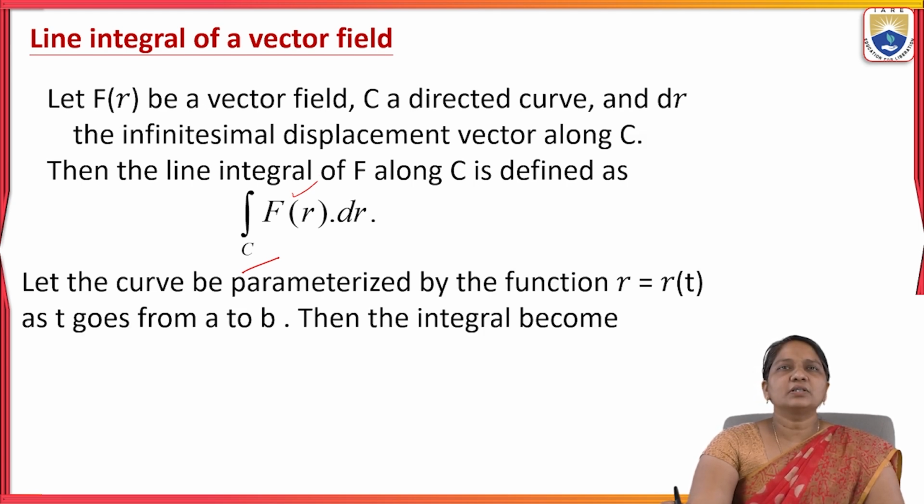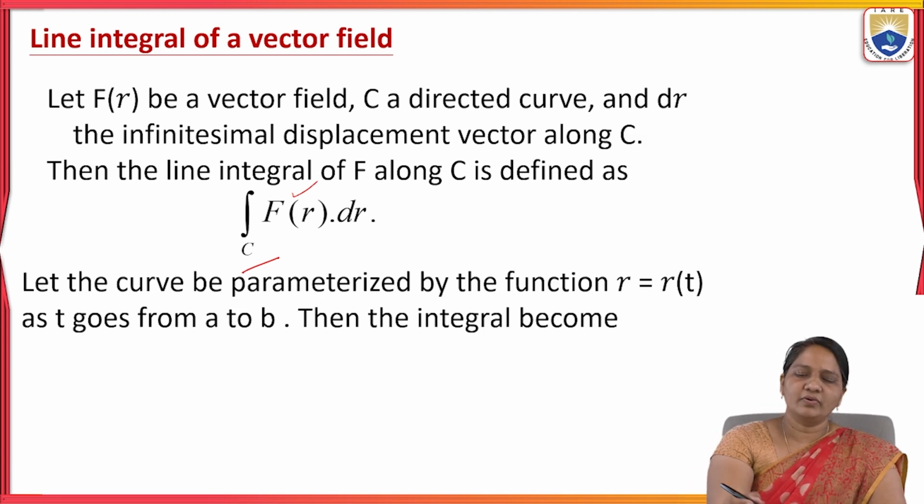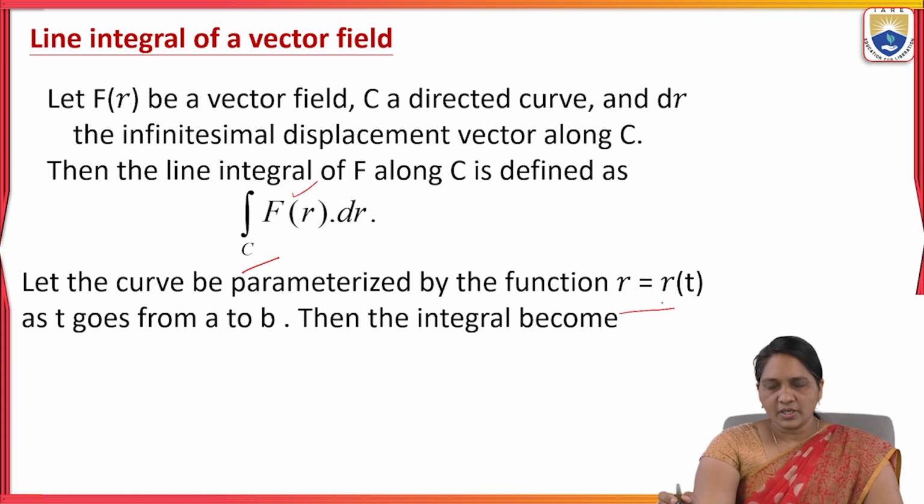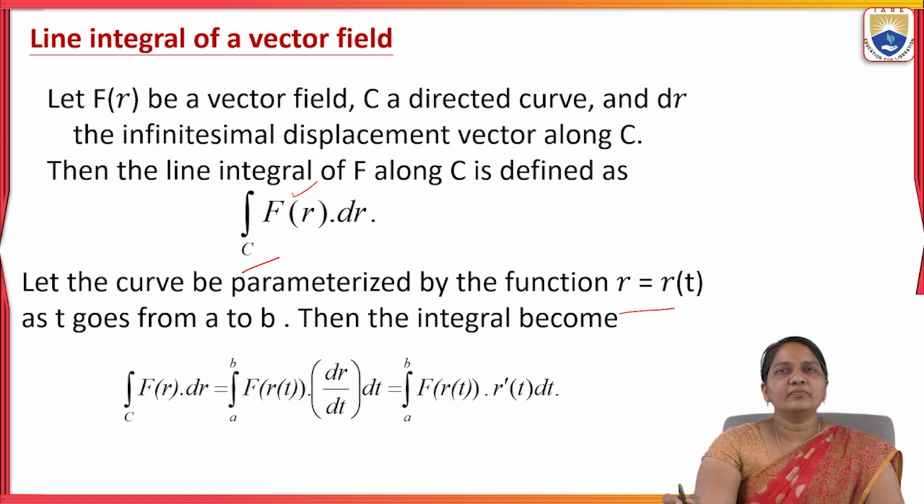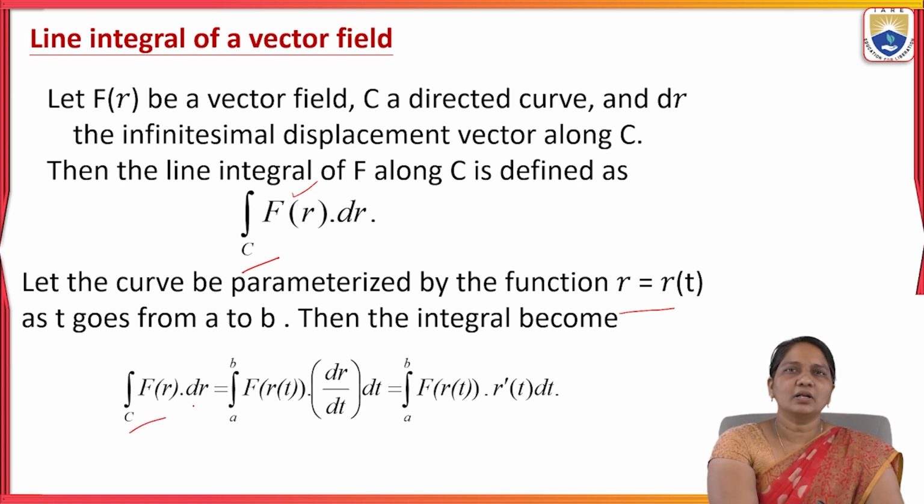If the curve is parameterized by the function r equal to r of t from a to b, then we can calculate the integral by using the same integral over C f dot dr. Here we replace r with r of t, and the limits are from a to b.